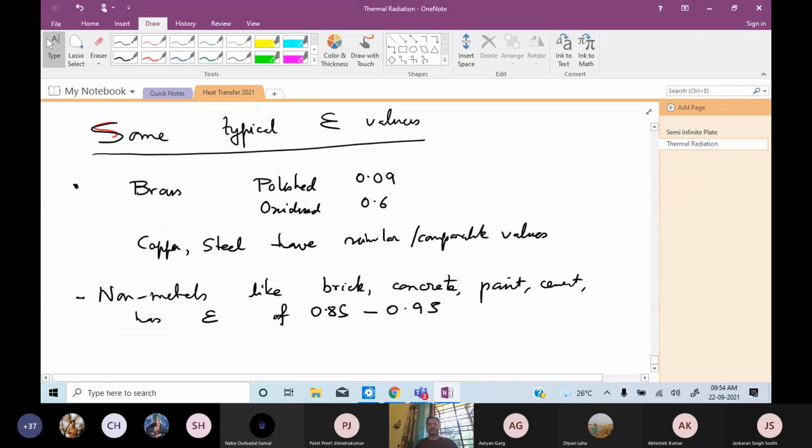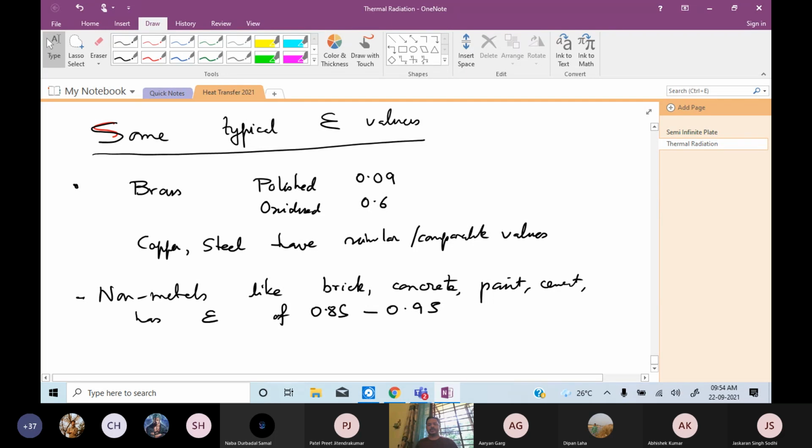They're rough, most of it is absorbed and then radiated. Your liquid surfaces, and the surface of water in your bucket, will have a very high epsilon, again around 0.9 or so.